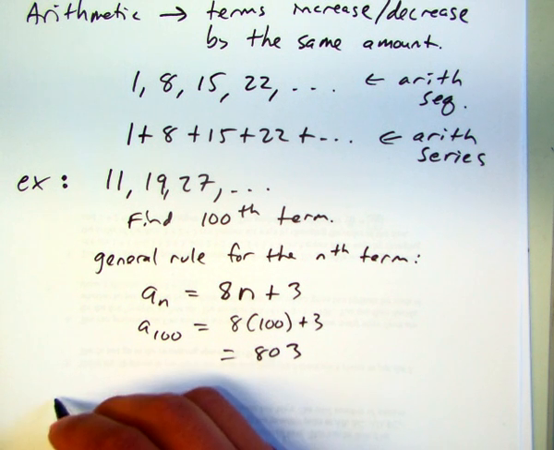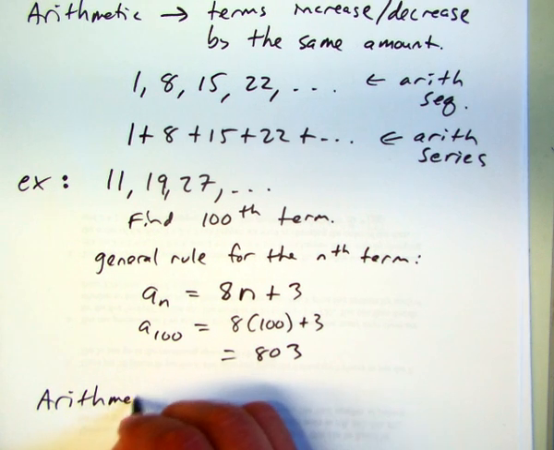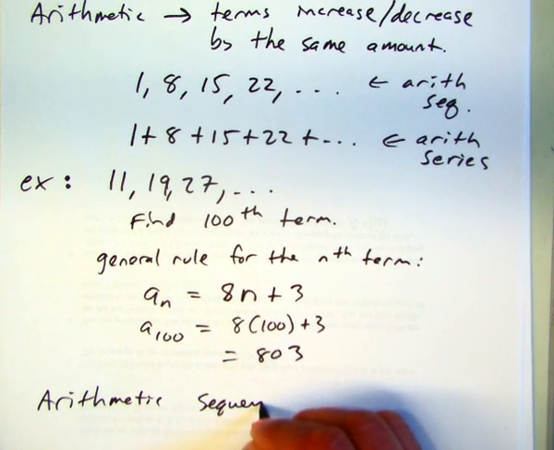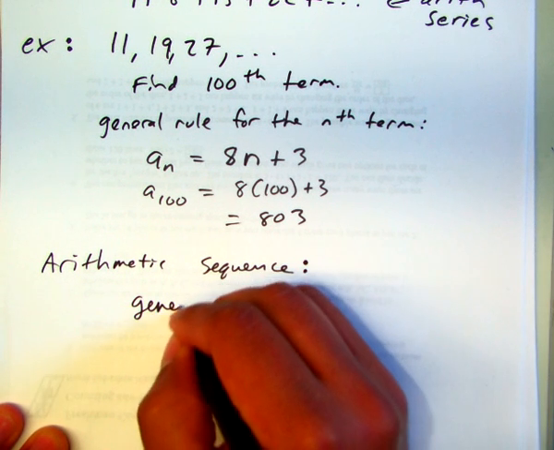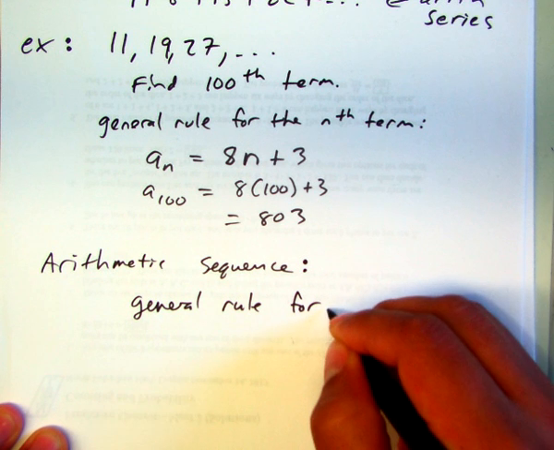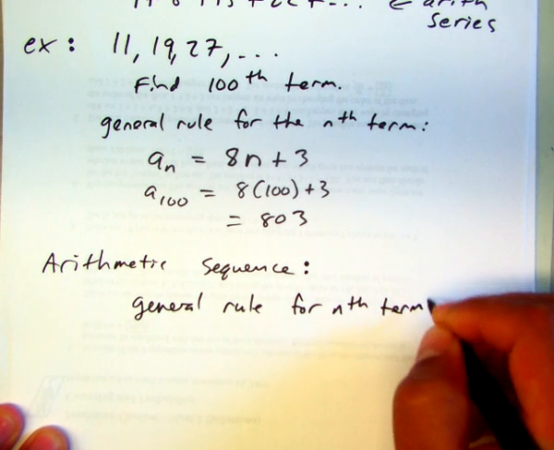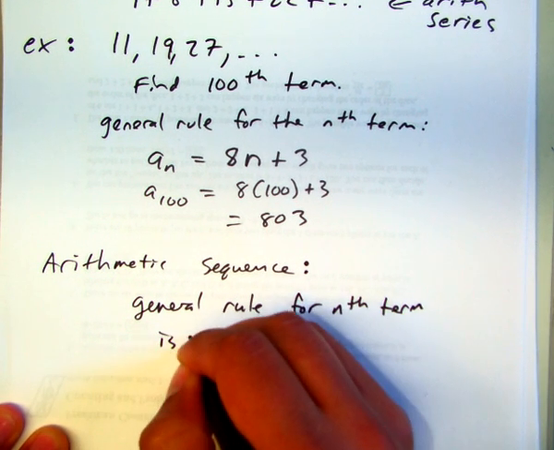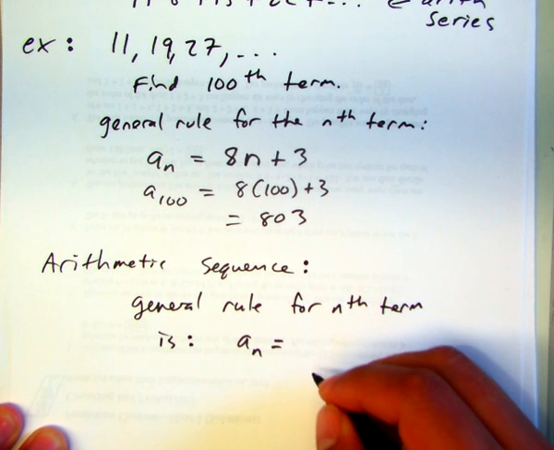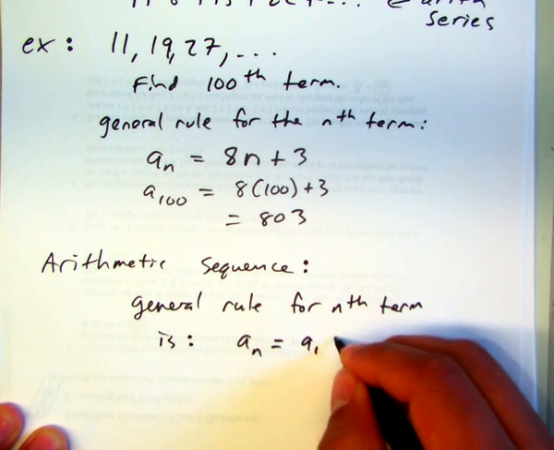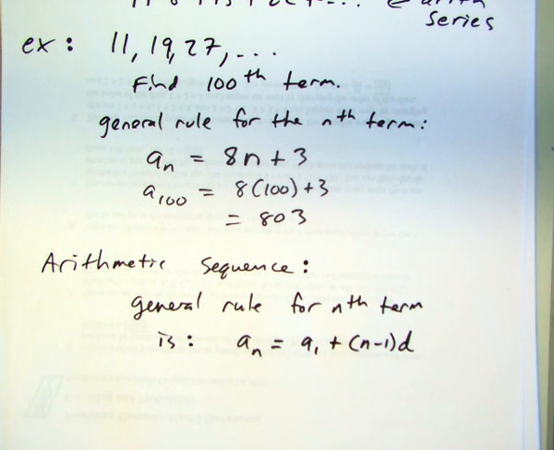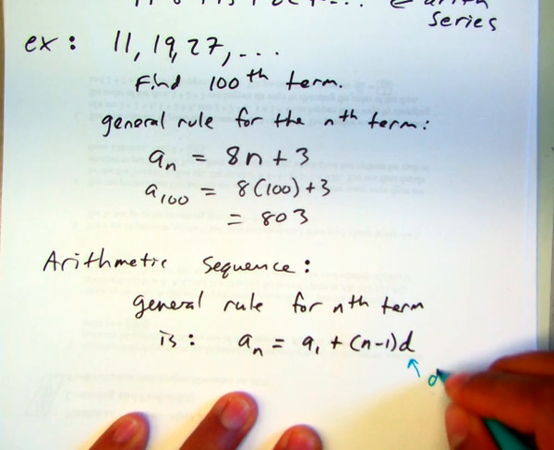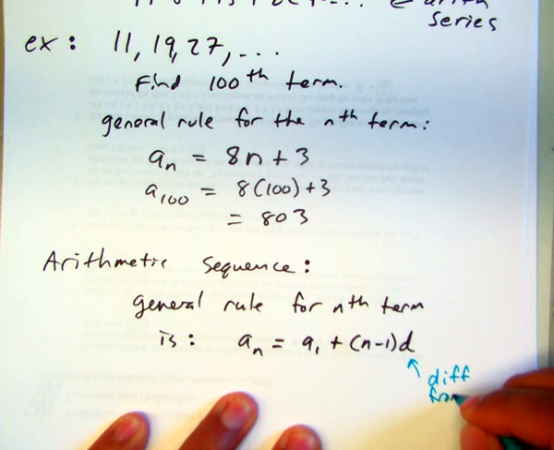For an arithmetic sequence, the general rule for the nth term is a sub n equals the first term plus n minus 1 times d, which we haven't defined yet, but d is just the difference from term to term.